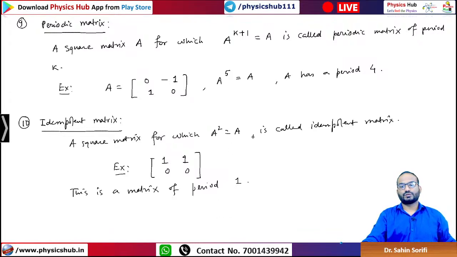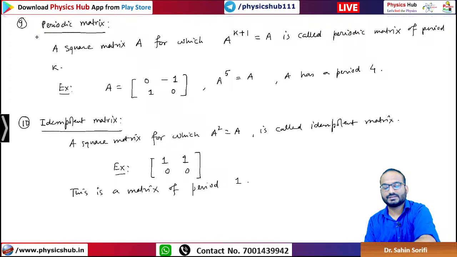Okay, 2 plus 1, so k is equal to 1. Okay, so we have defined the basic types of matrix.